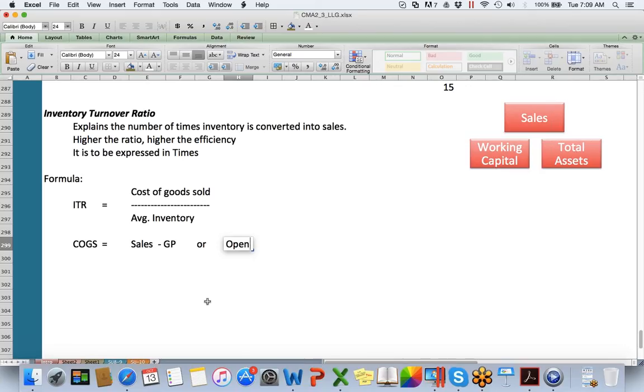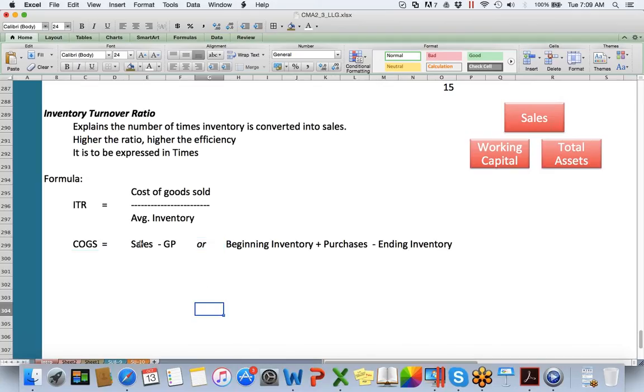or opening inventory, beginning inventory plus purchases minus ending inventory, means inventory at the end of the year. So depending upon the information given there, you need to use the formula.